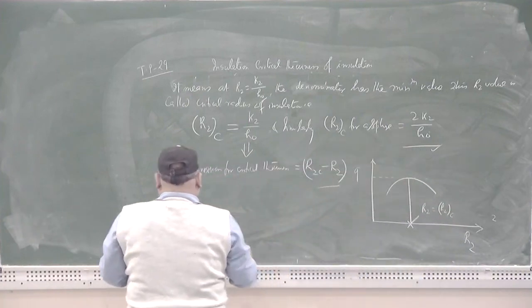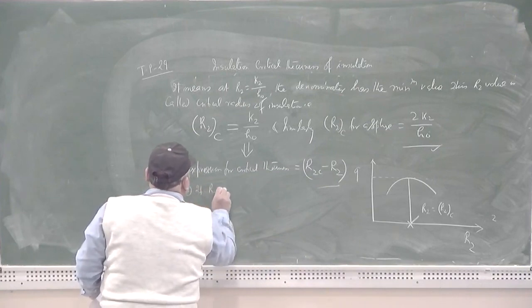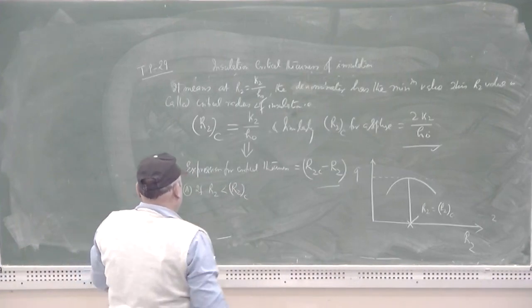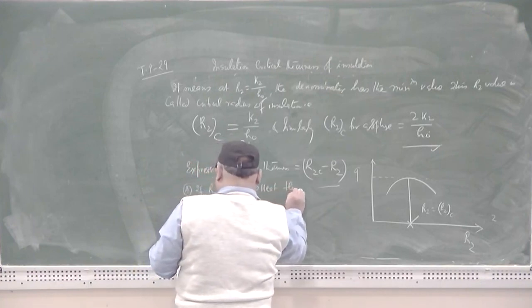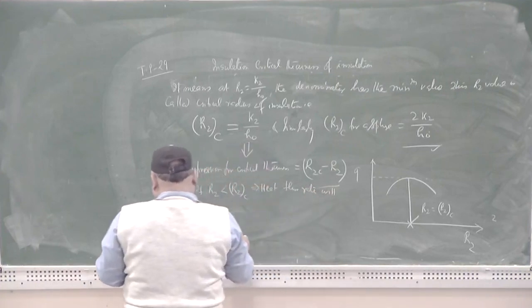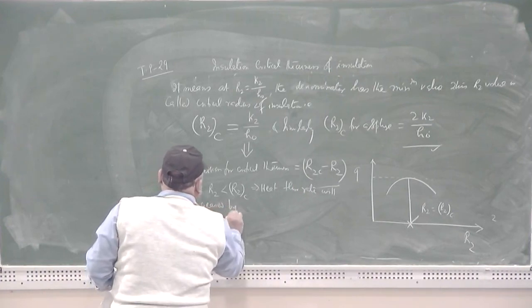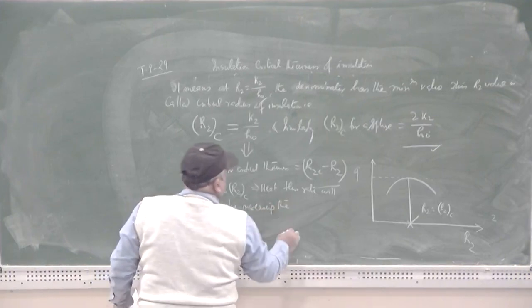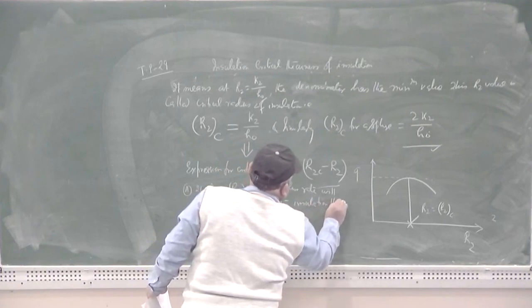So, if the R2 value is lesser than the R2 critical value, then the heat flow rate will increase by increasing the insulation thickness.